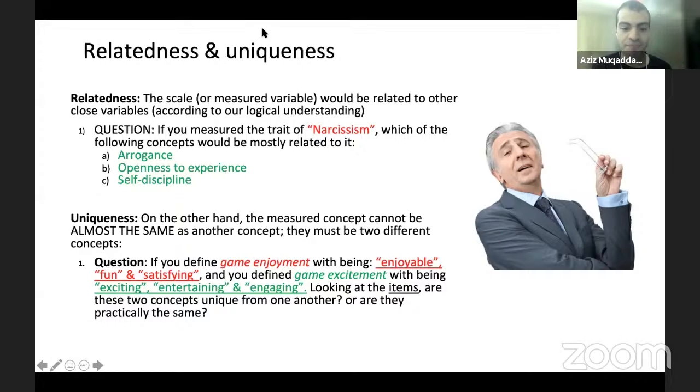And I'll be asking, is it exciting, entertaining, and engaging? So look at the items though: enjoyable, fun, satisfying, exciting, entertaining, engaging. Do you think they are unique from one another, or are they practically the same?